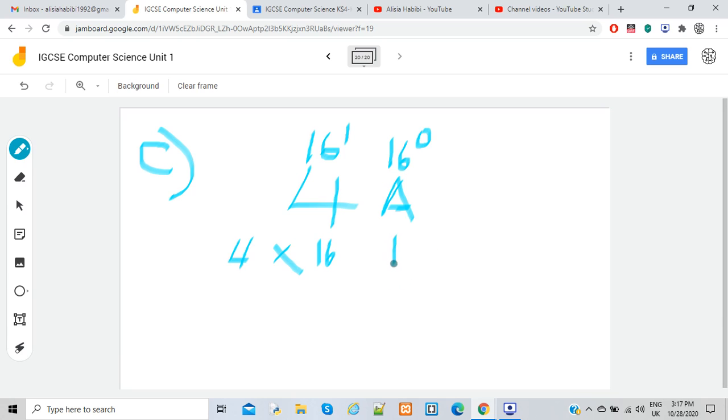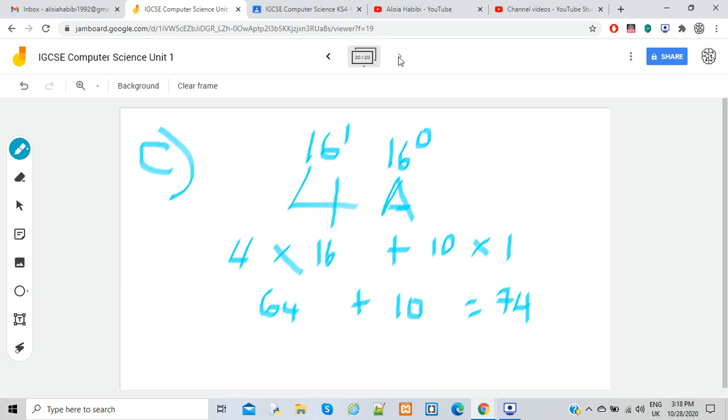And then we're adding A times 16 to the power of 0. We know that A is 10, so 10 times 16 to the power of 0, which means 10 times 1. So we have 64 plus 10, which is going to give us a total of 74.